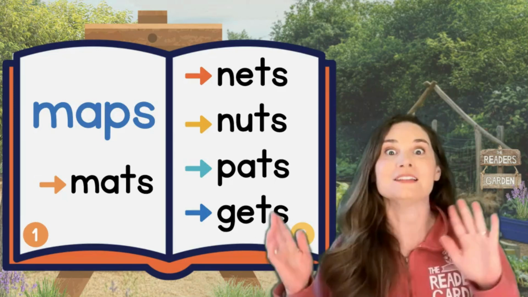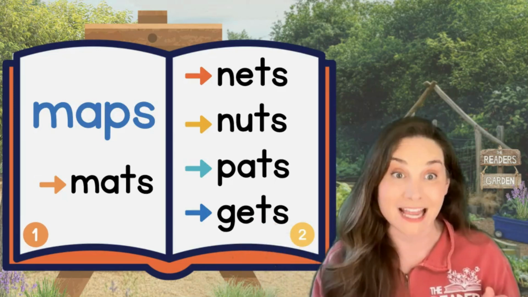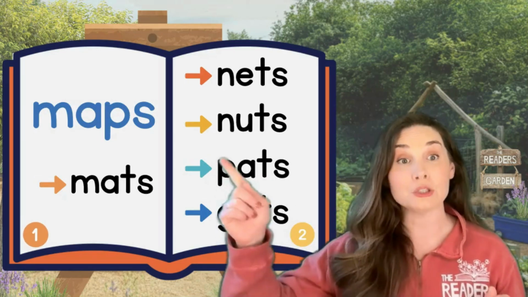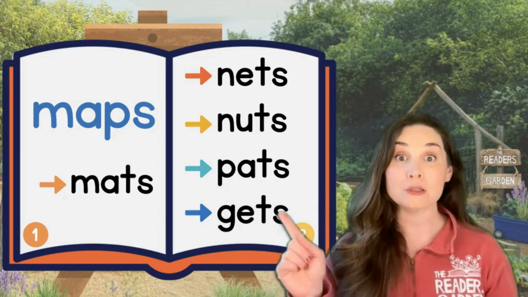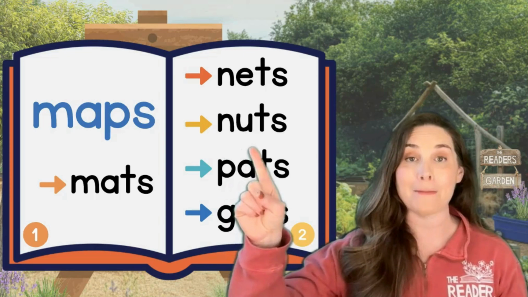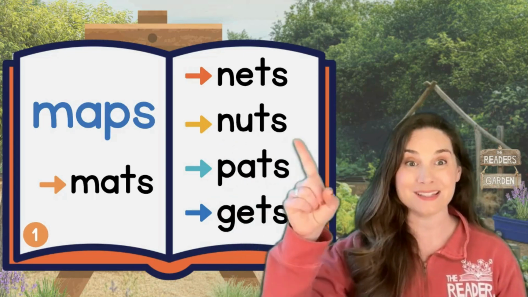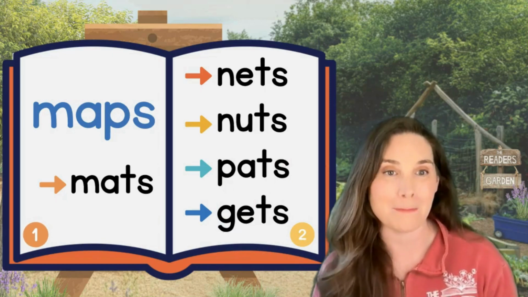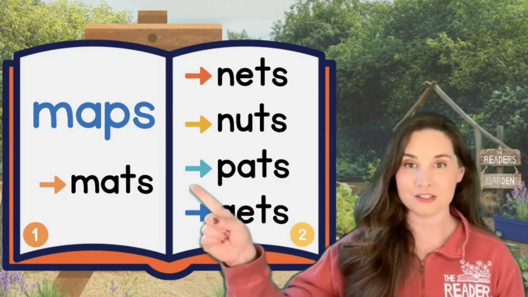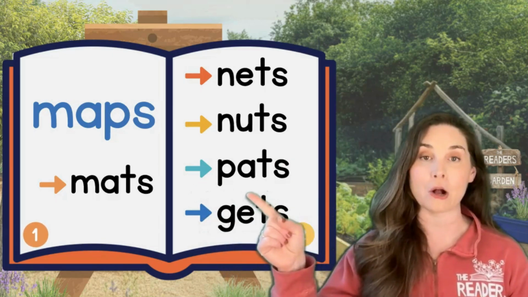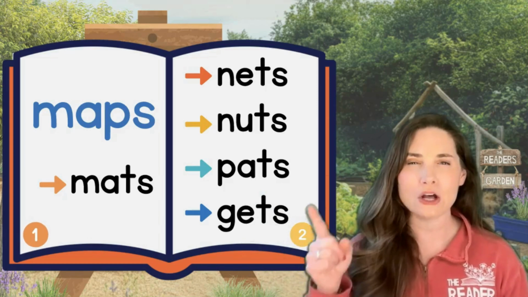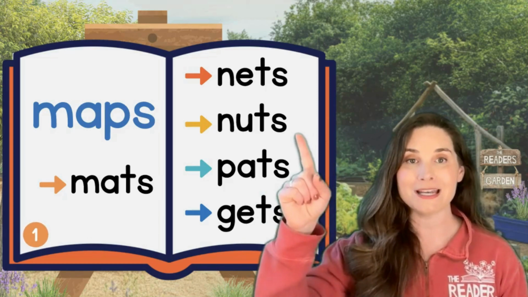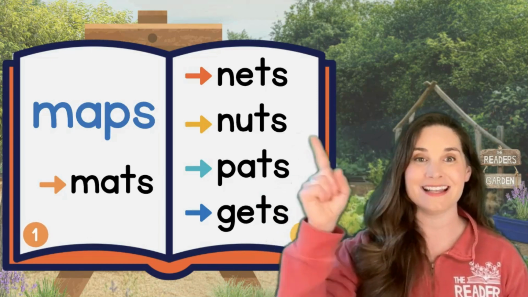Now together, let's read some words that have this ending S sound. I'll read the blue word by myself, and then we'll read all the rest of them together. The blue word is map, maps. There's more than one map, maps. Now let's go to page 1 with that orange arrow, mats. Now let's go up to page 2, nets.